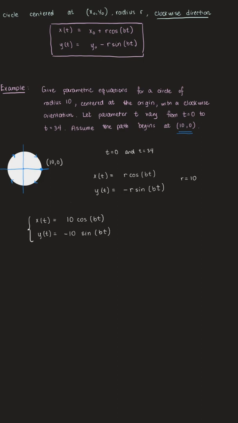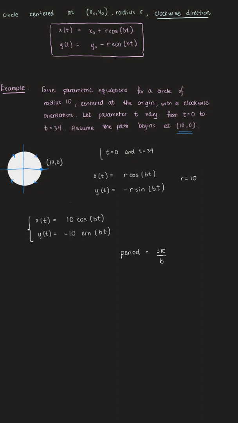Now, we know that b is the number of cycles that fit in 2 pi radians. So, in other words, the period that we want will be 2 pi divided by the value of b that we're looking for. The period is the amount of time that it takes to complete one cycle.